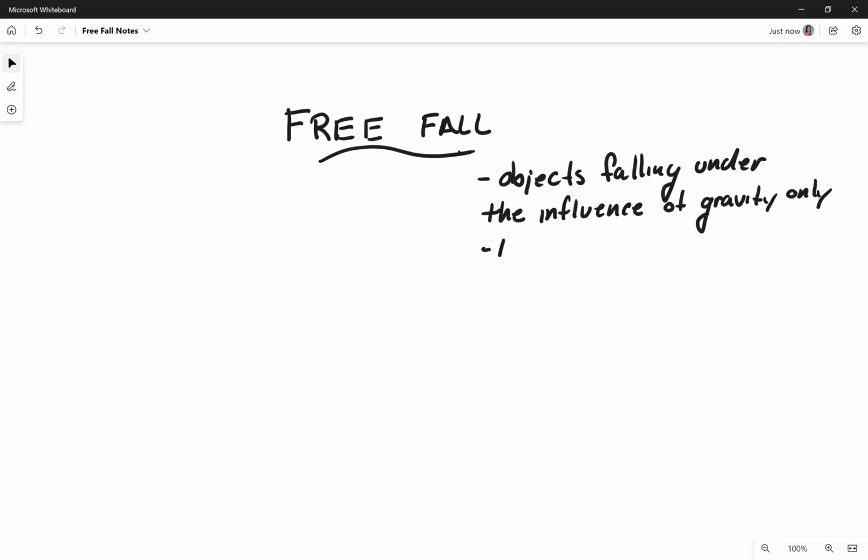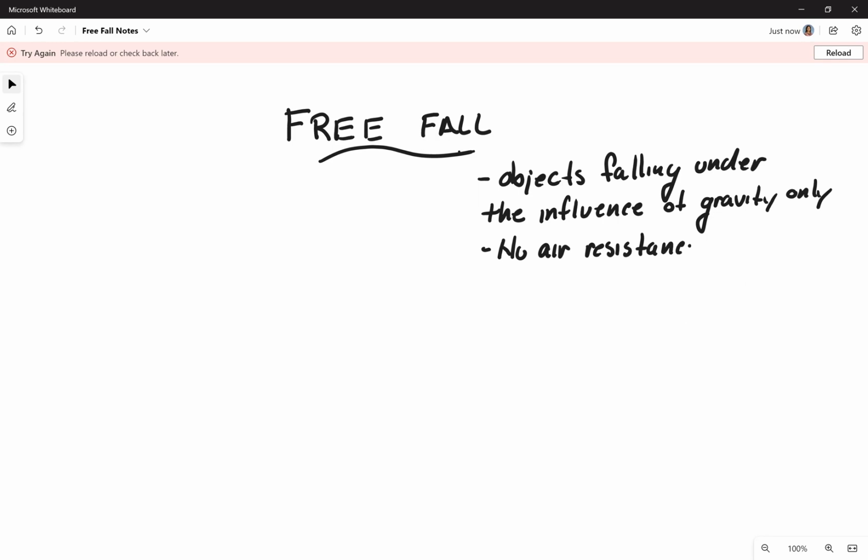No air resistance, which means it has a constant acceleration because there is a constant force. That acceleration is equal to g.